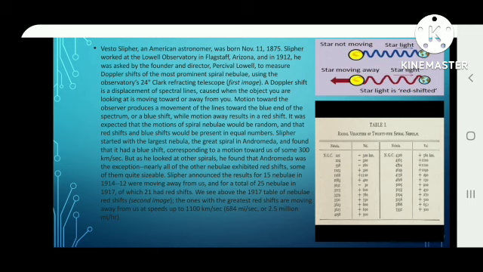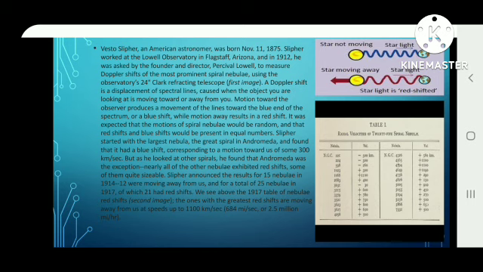Slipher announced that of 15 nebulae in 1914, most were moving away from us. And for a total of 25 nebulae in 1917, 21 had redshifts. We can see in our table of nebulae from 1917 that they are redshifted.